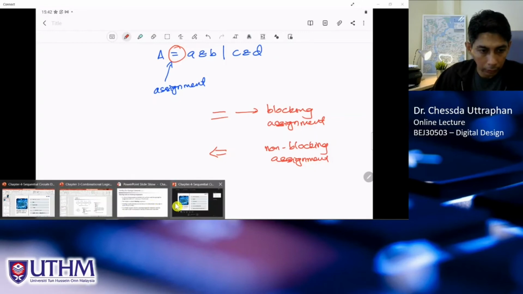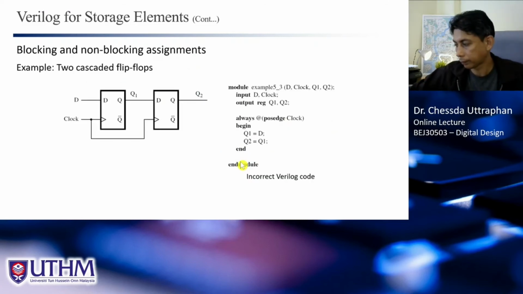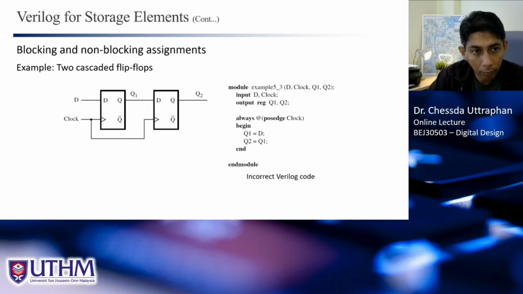Now, to look at the difference, we need to consider this example. For example, we want to create a cascaded flip-flop like this. The connection is like this. And we use this to describe these two flip-flops.